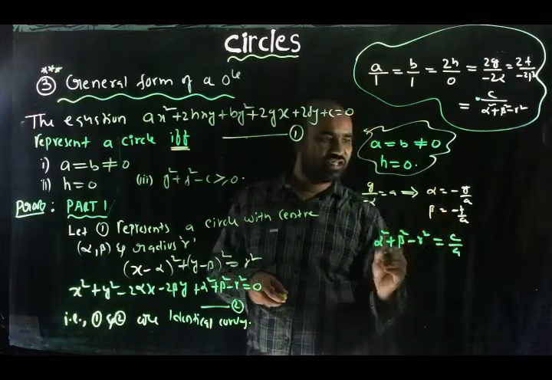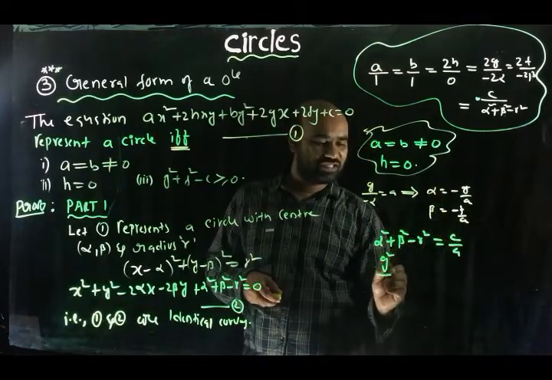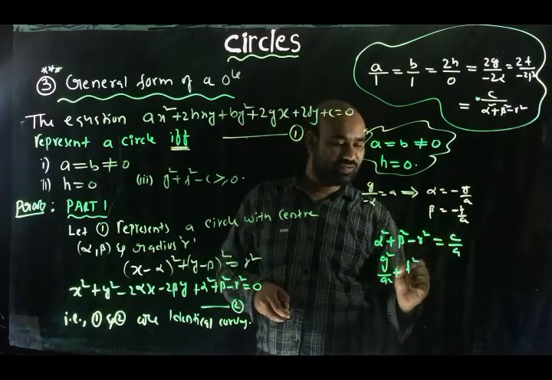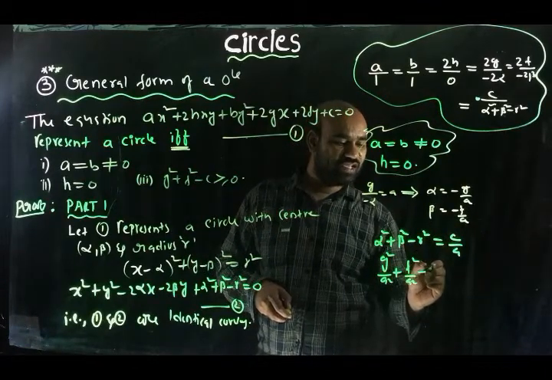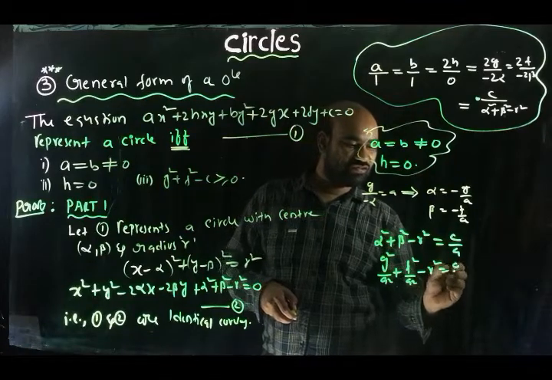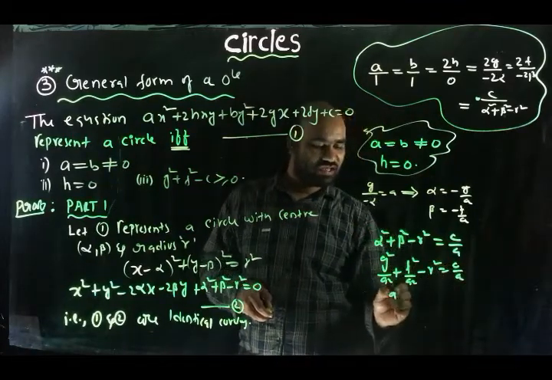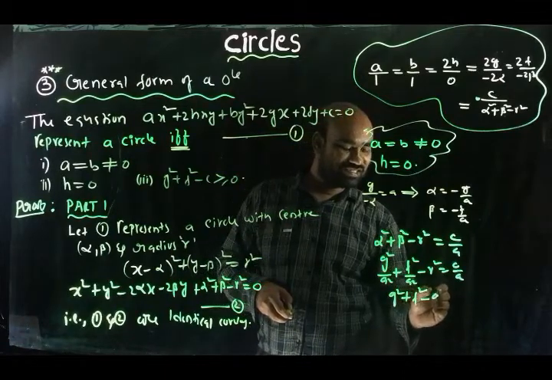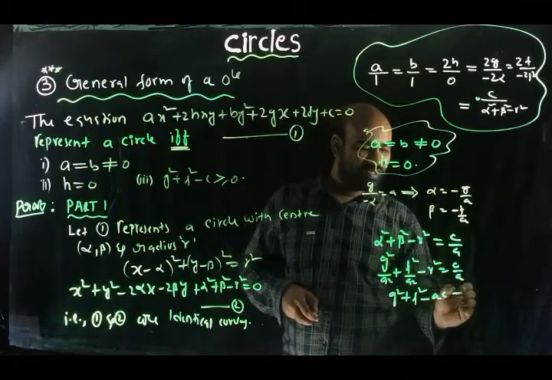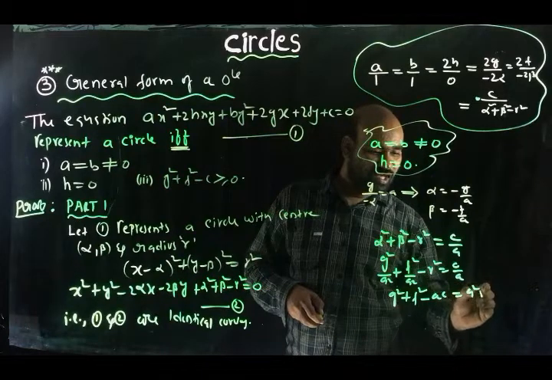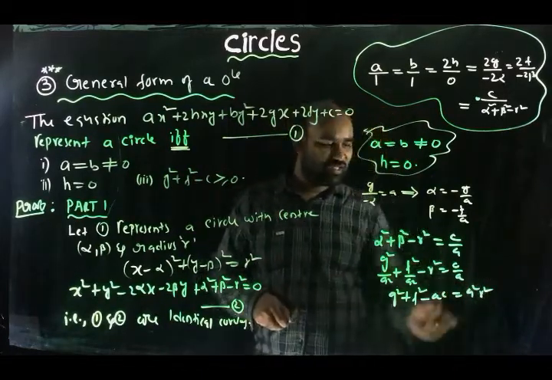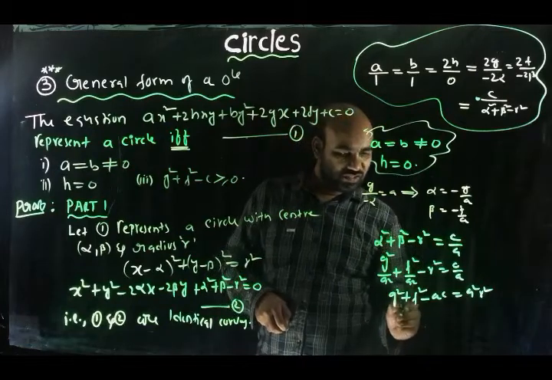Substituting these two values, g square by a square plus f square by a square minus r square equal to c by a, or g square plus f square minus ac equal to a square r square, after multiplying by a square on the other side.